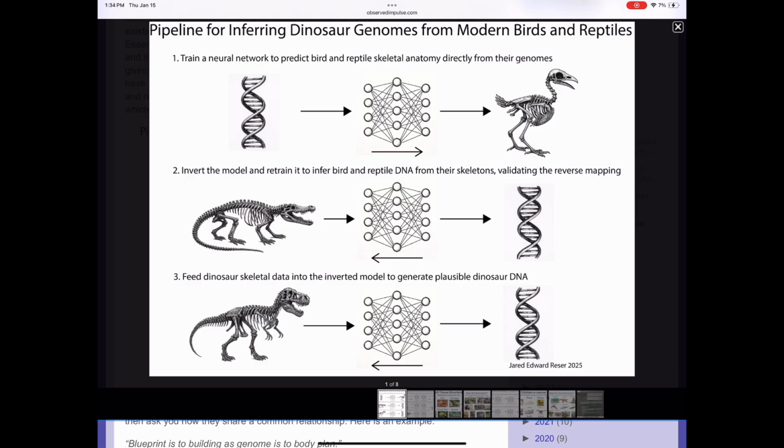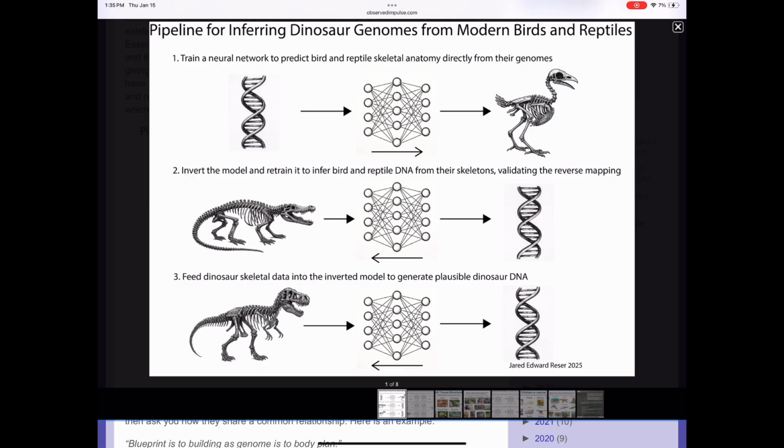But then once you have a system and you've trained it on a number of different species and pairs of genomes and skeletons, then you can invert the model. And that's pretty common in machine learning. Kind of turning the model inside out or flipping it over. And there's mathematical ways to do that. So now you're retraining the model to go from skeletons to DNA, right?